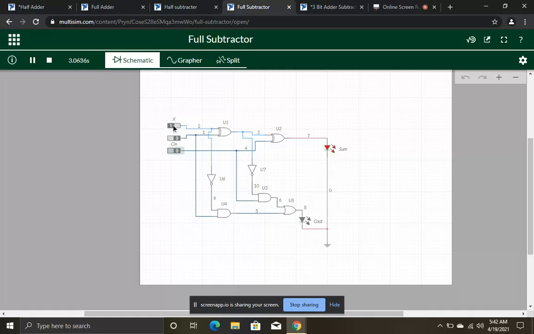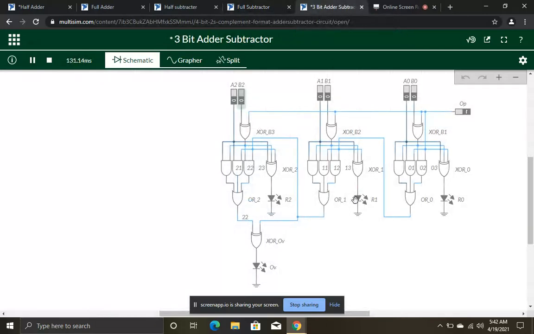If x is equal to 1, y is 1, but the carry in is 0, then the sum will be 0 and carry out will be 0. If x is 1, y is 0, carry in is 1, then the sum will be 0 and the carry out will be 0. In the same way, we will see the 3-bit adder subtractor circuit.